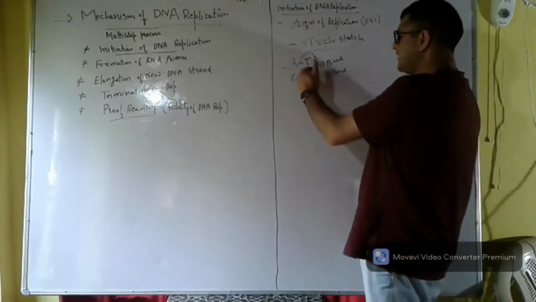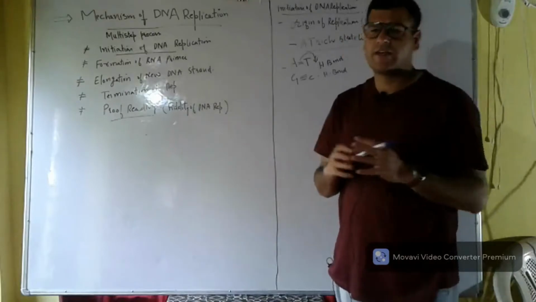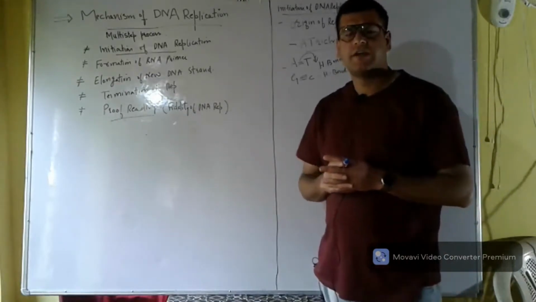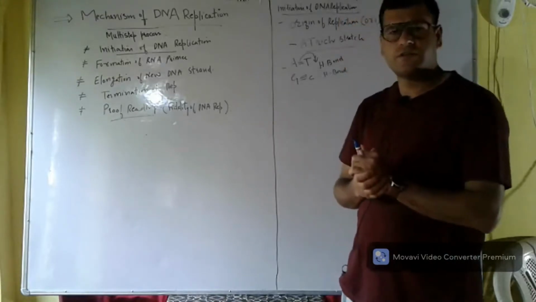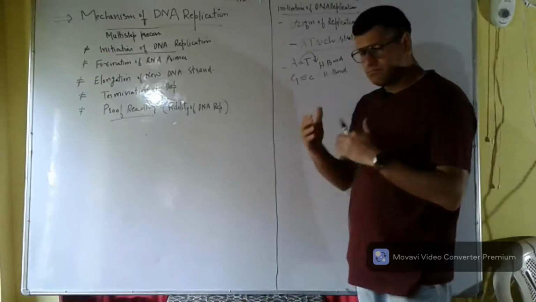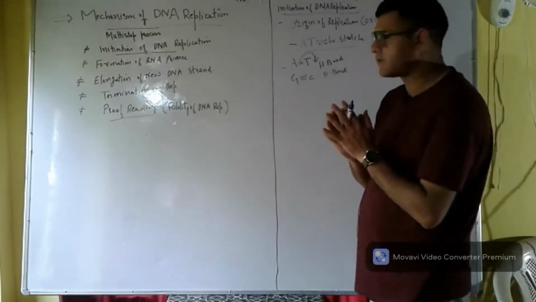And it is easier to break two hydrogen bonds, because for DNA replication the two strands of the DNA have to get separated, they have to get unwound. And this requires the breaking of the hydrogen bonds between the two strands.